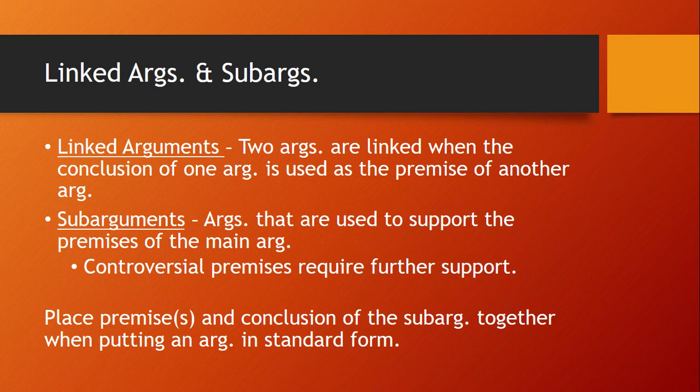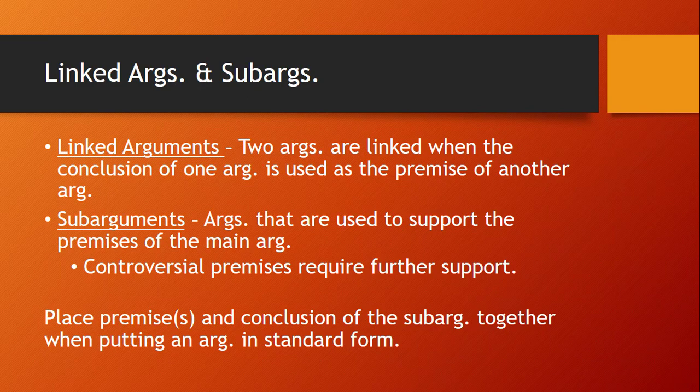They are linked arguments. And when you have linked arguments, and you're putting them together in standard form, place the premises and conclusion of the sub-argument together. And this goes along with the idea of arranging your premises in a clear way. Right?